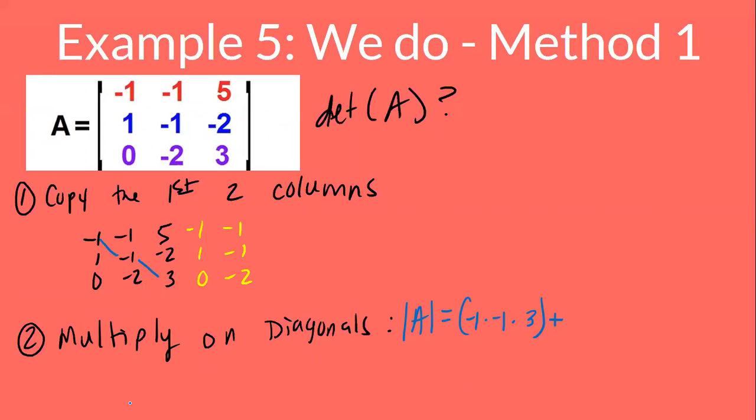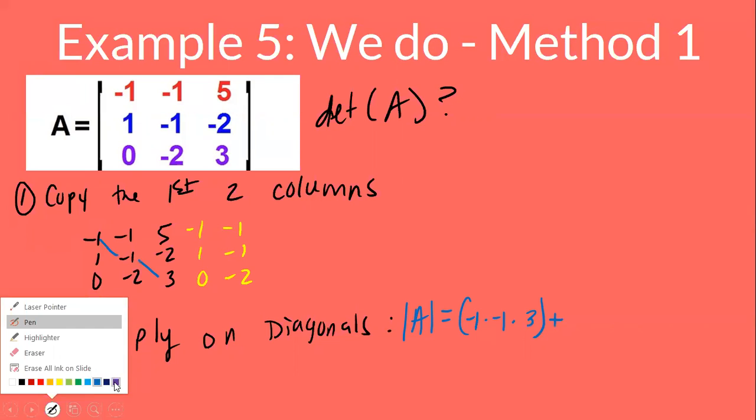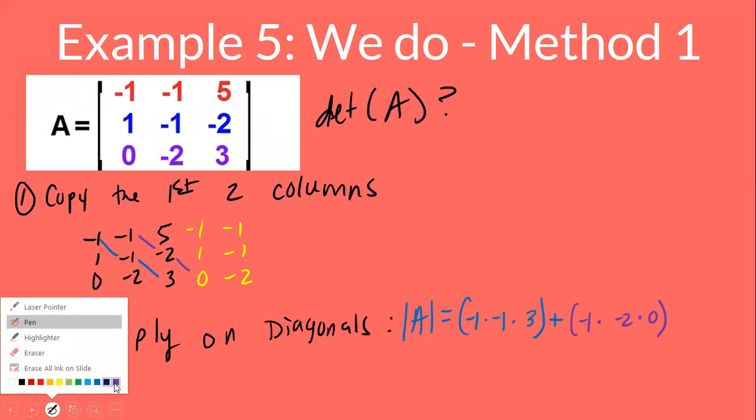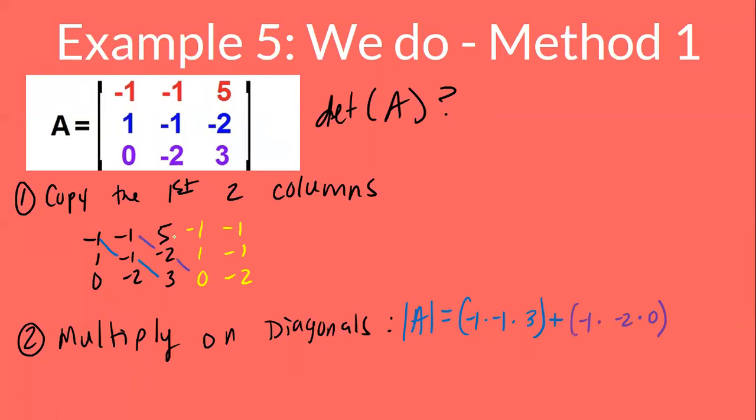Plus, then I'm going to go on the next diagonal. And that's going to give me negative 1 times -2 times 0. Then we're going to go on the last diagonal.